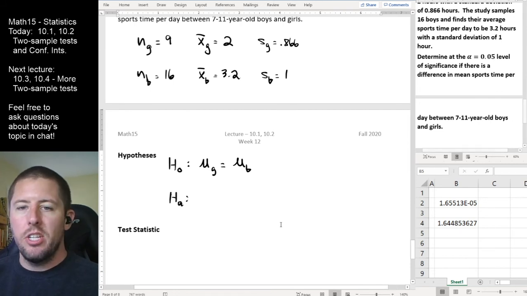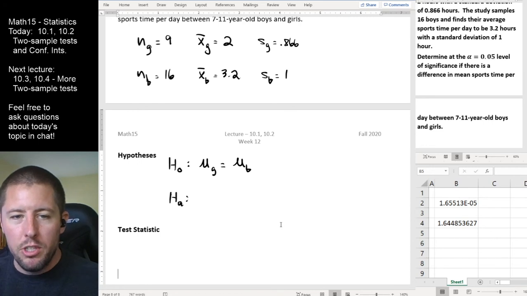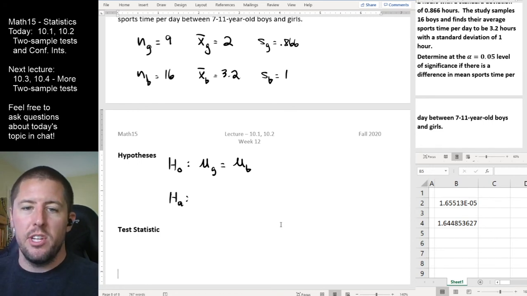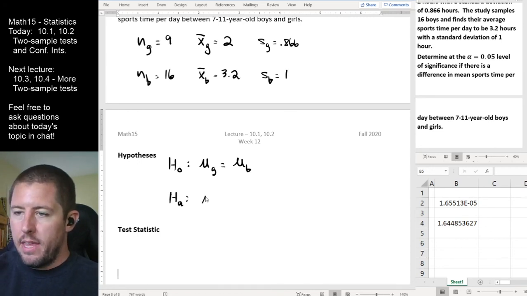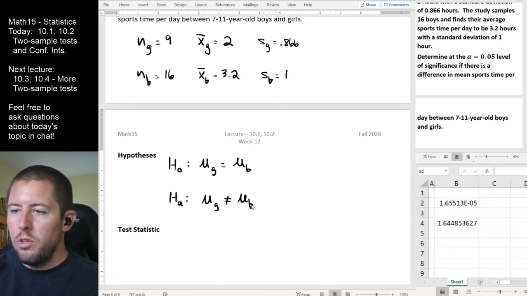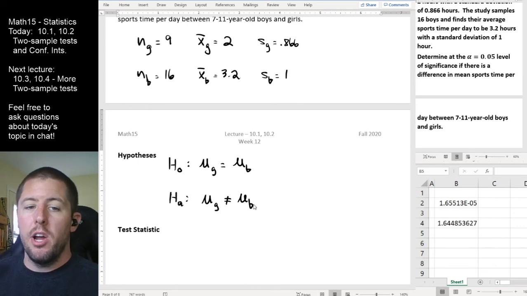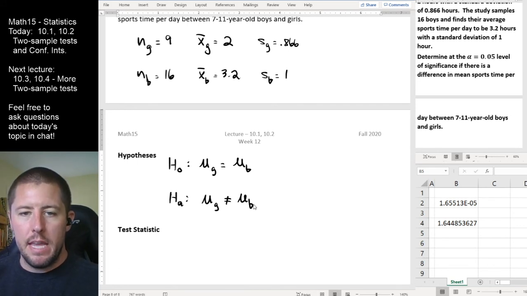It just says, is there a difference? And the implied conclusion is, or is there not a difference? And so I think my alternative hypothesis is just going to be my not equal to statement. Again, our scenario gives us no indication of which one is believed before the sample is taken to be the greater than or the less than.